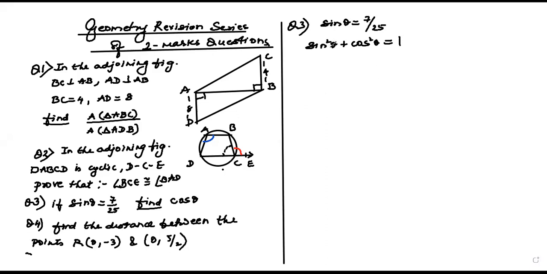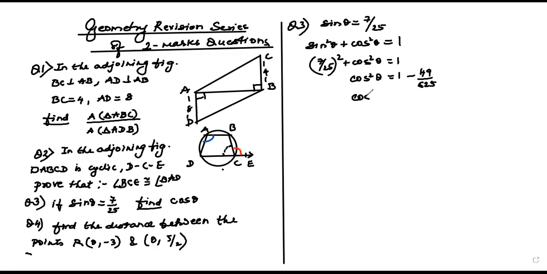This is an identity. Now you can substitute in place of sine square theta, 7 upon 25 the whole square, plus cos square theta is equal to 1. So cos square theta equals 1 minus 49 upon 625, that is 7 upon 25 the whole square.